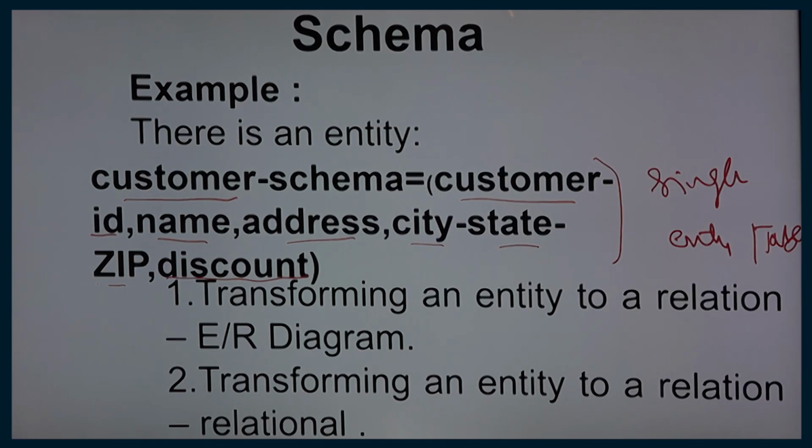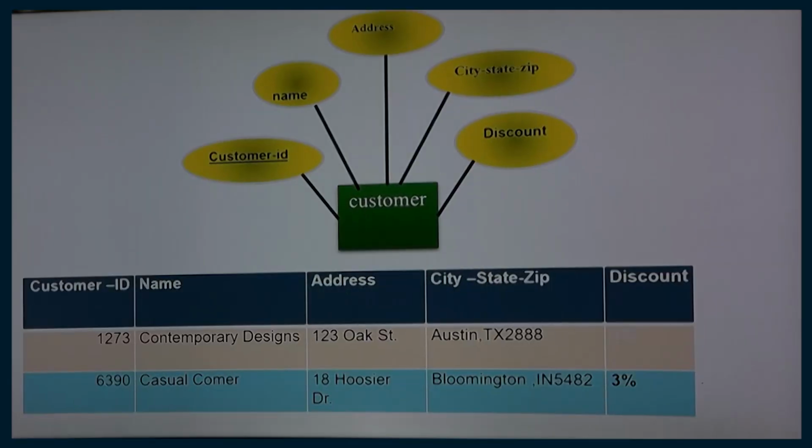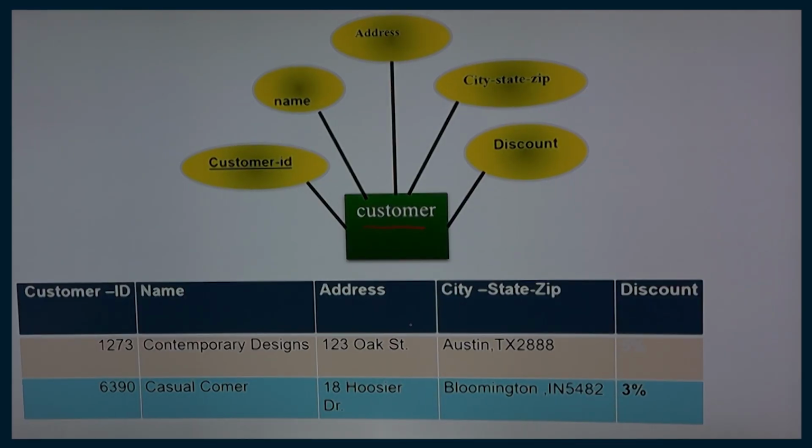An entity is what we define at the time of design, and at the time of implementation we convert it to tables. In phase 1, we have the ER diagram. In the second phase, we transform an entity to a relation or relational model. In this diagram, there is an entity customer, which has customer ID, customer name, customer address, city, state, zip, and discount if applicable.